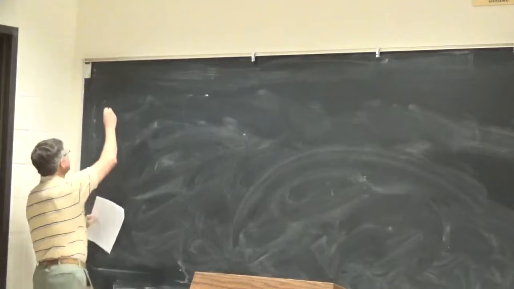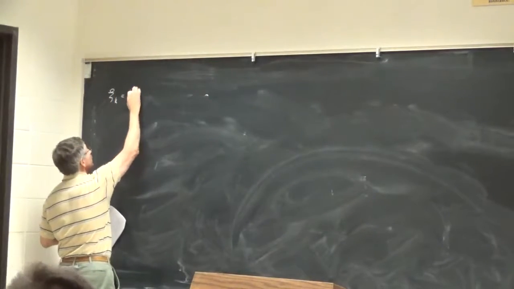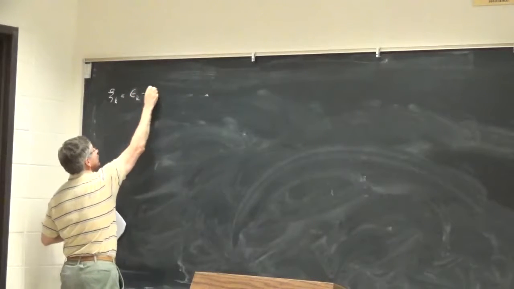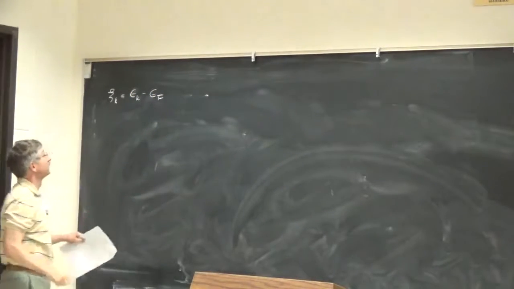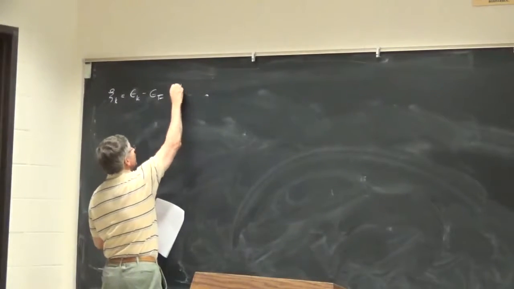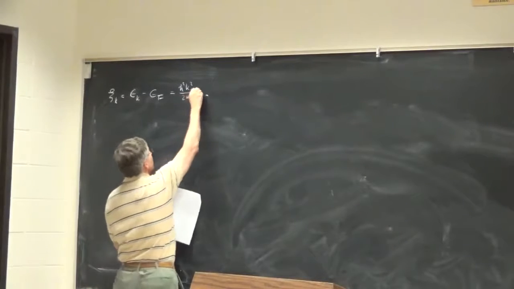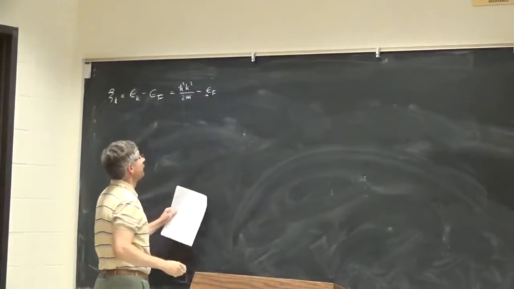I replace epsilon of k by xi of k, which is measured relative to the Fermi energy. So this is h bar squared k squared by 2m minus E_F.